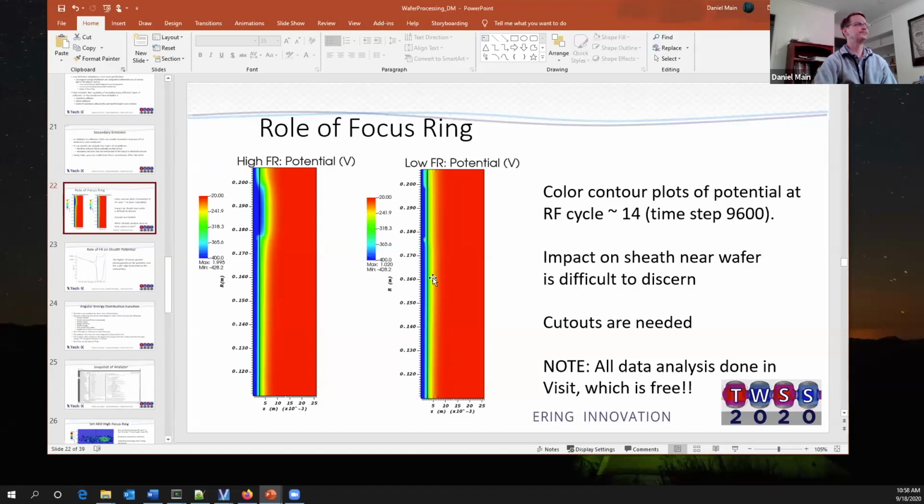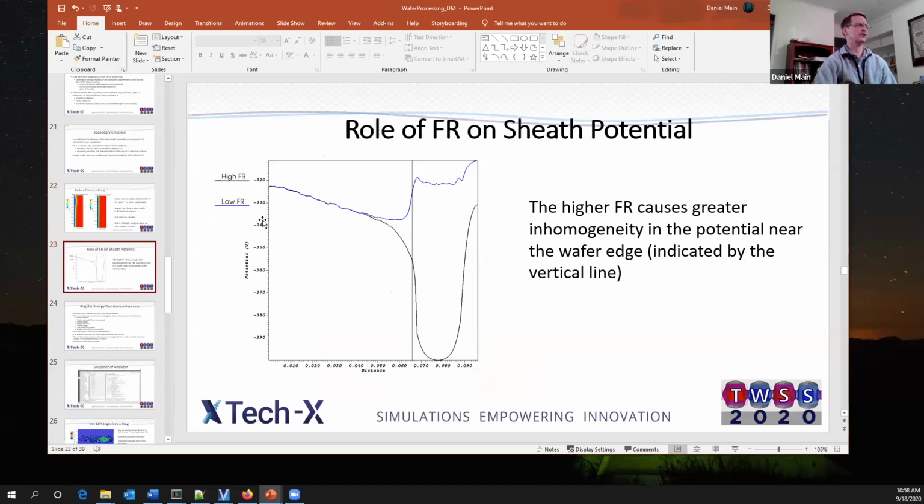And then this plot here is just a cutout. The vertical scale is the potential in volts. It extends from about -400 to approximately -300 volts. The blue curve is a cutout with the low focus ring.